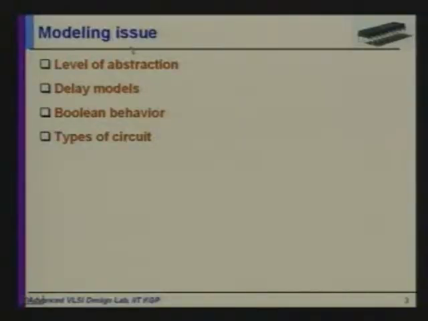Okay, so when we come to timing analysis, we are given a circuit and we want to determine the critical delay. So that is the main problem. The first input is the circuit. The circuit can be in any form. It may be in behavioral form like Verilog.